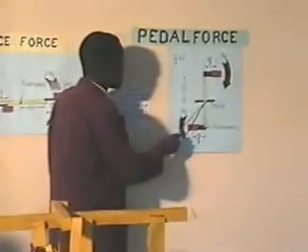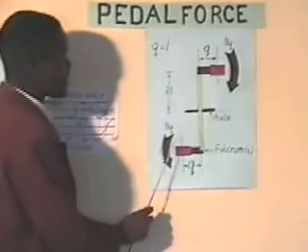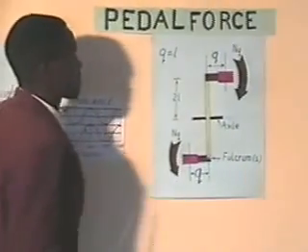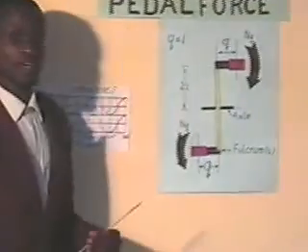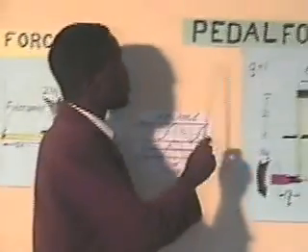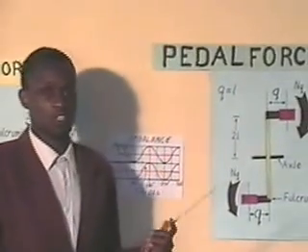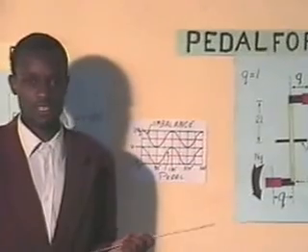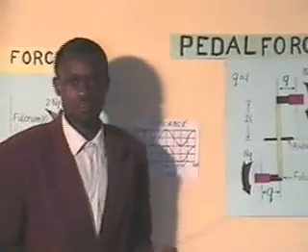From this center, it is clear that the perpendicular distance of the weight from the center is equal in both cases. But then, there exists a force here that is called the pedal force. This force is called the pedal because it is identical to that force created on a pedal of a bicycle.